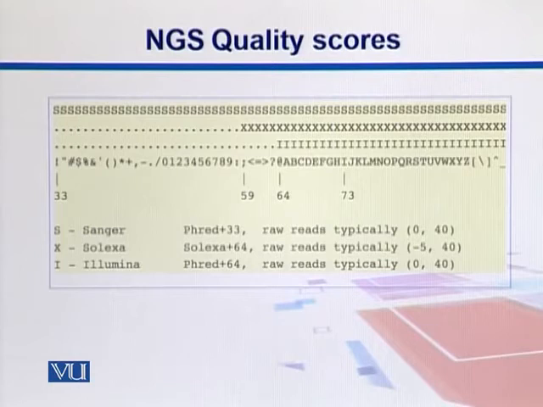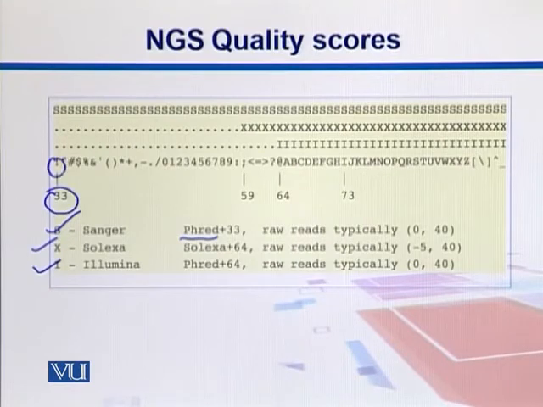Now, what different sequencers are using, or what different schemes there are, and what ASCII characters are used. In this diagram we see different schemes: Sanger, Solexa, and Illumina. Sanger uses Phred scores and adds 33 to them. Once we add 33, the first character they use is this one.